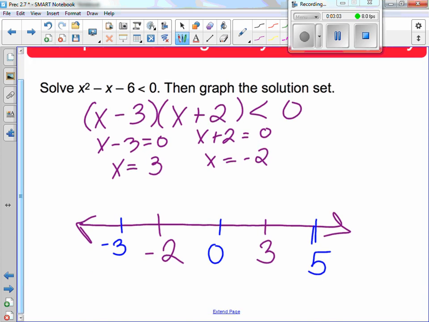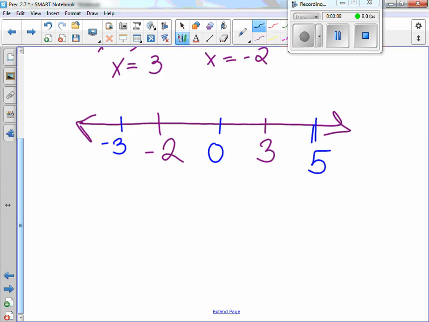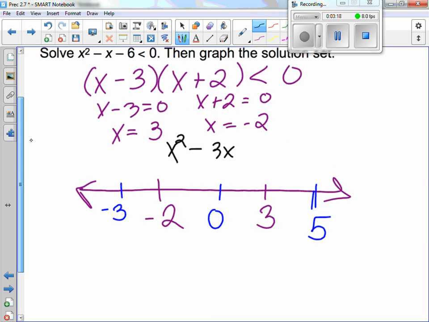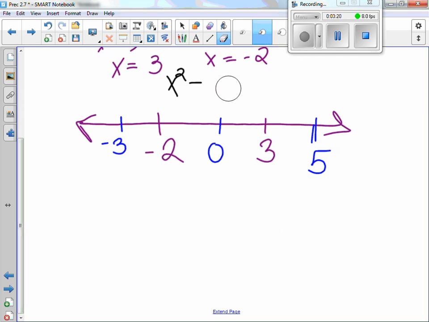Now, what does this equation have to be? It has to be less than 0. So we have x squared minus x minus 6 is less than 0.